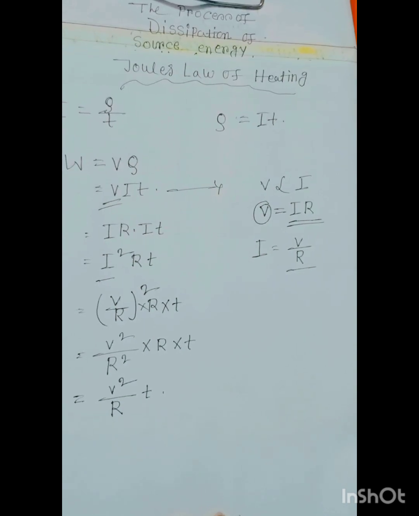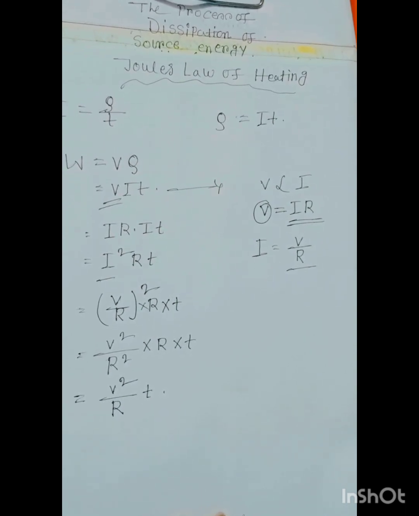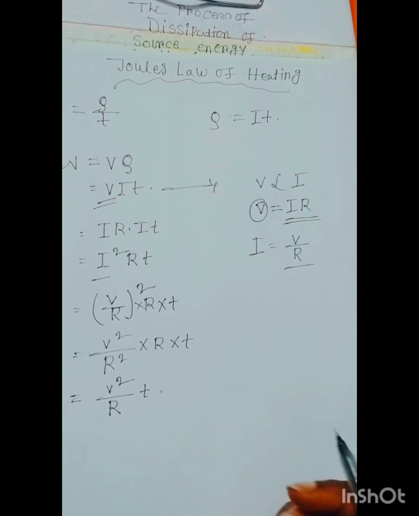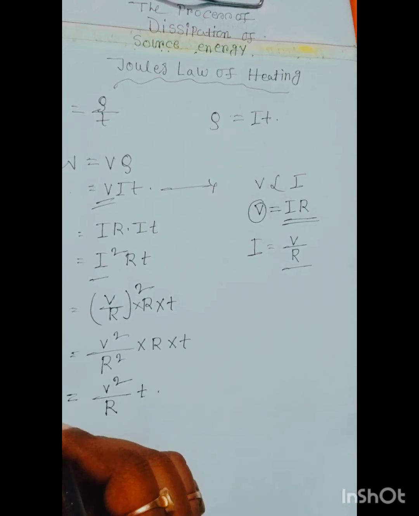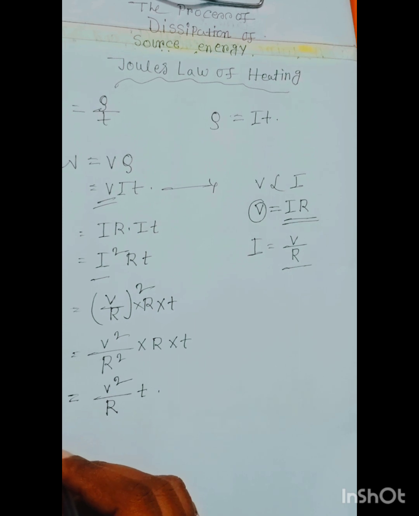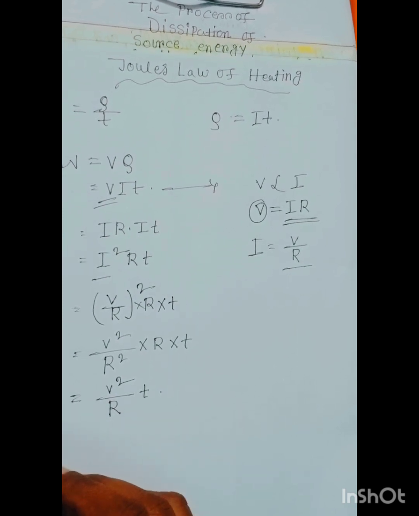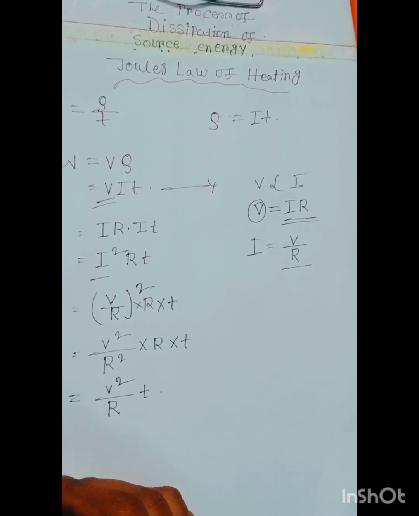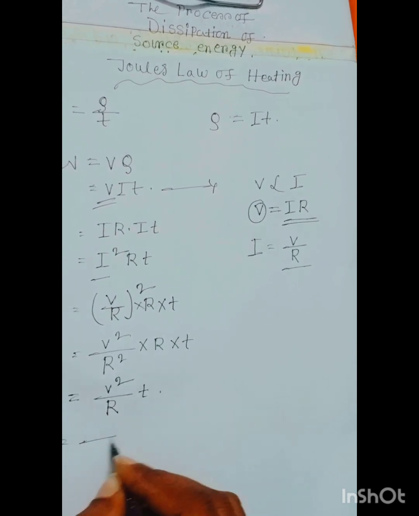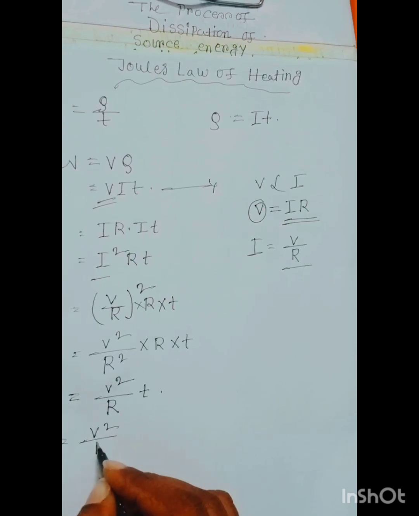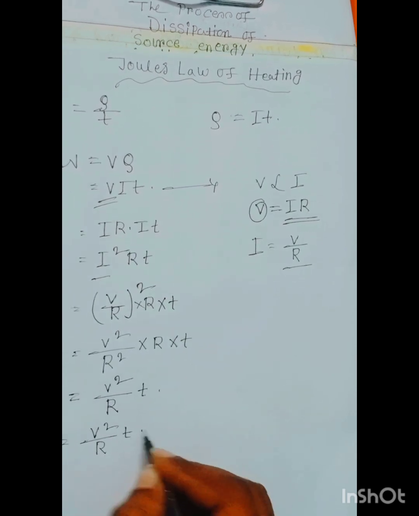So student, if the circuit is purely resistive, then work done is converted into heat energy of the resistor. So we can write here H equal to V square by R t.